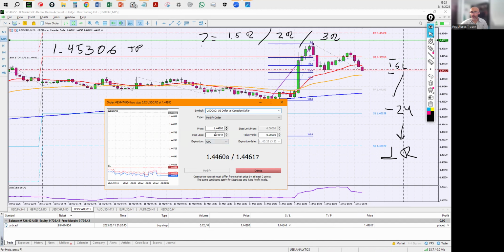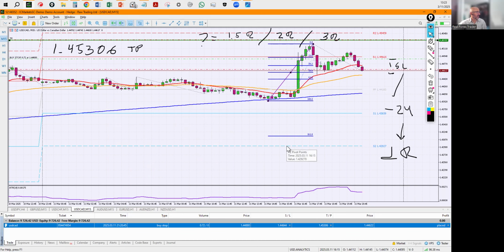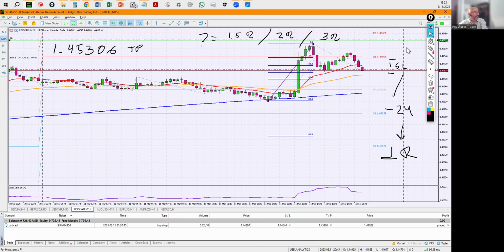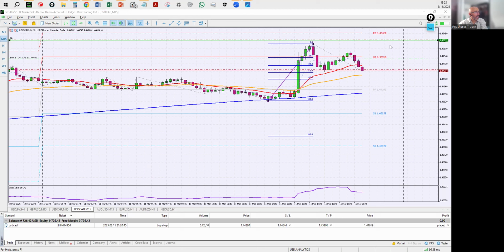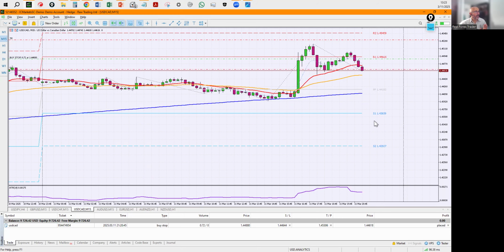I just set the most important thing, the stop loss. So I check that my take profit would be 1.45306. I modify and that's it. Now the market has a complete trade.